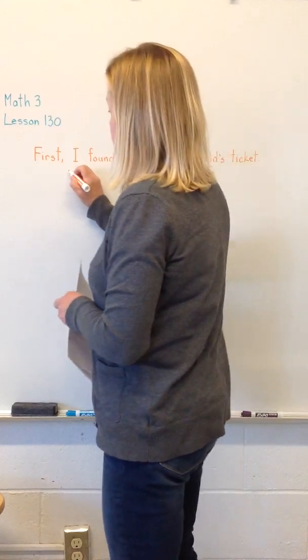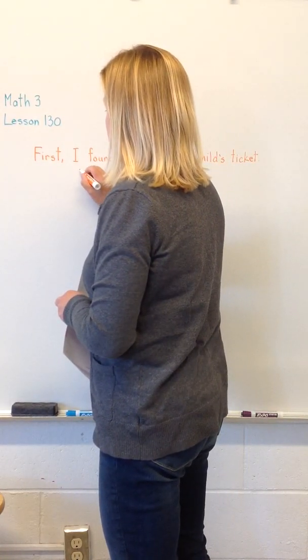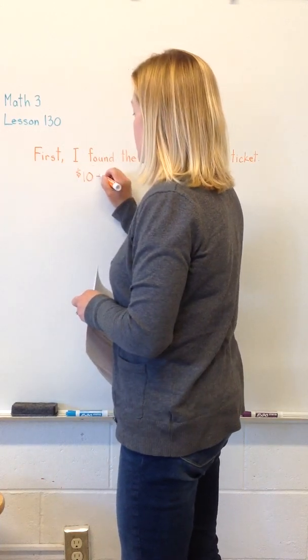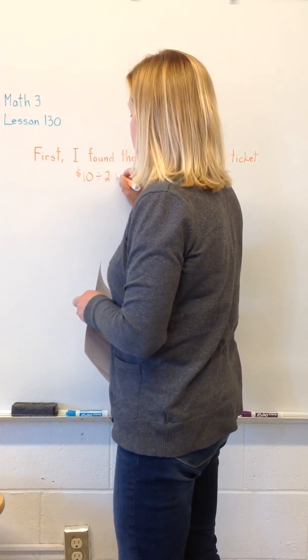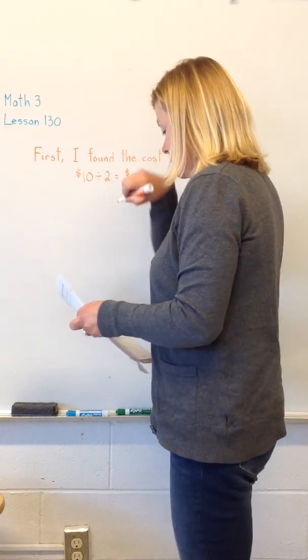So this is the number sentence for the child's ticket. Remember, an adult ticket is $10, a child's ticket is half price, so we're dividing it by 2. That's $5.